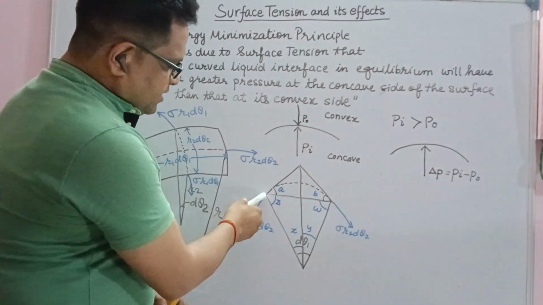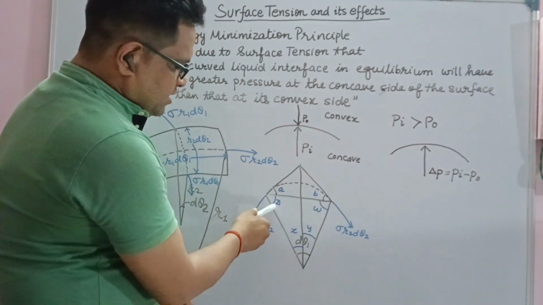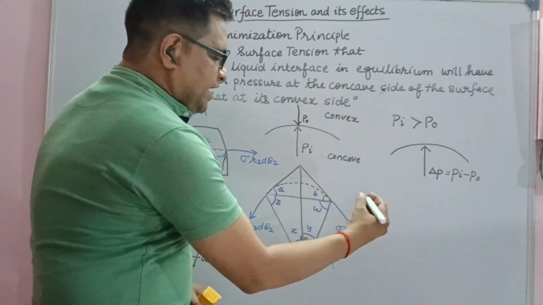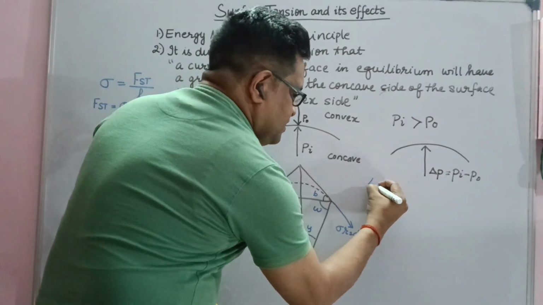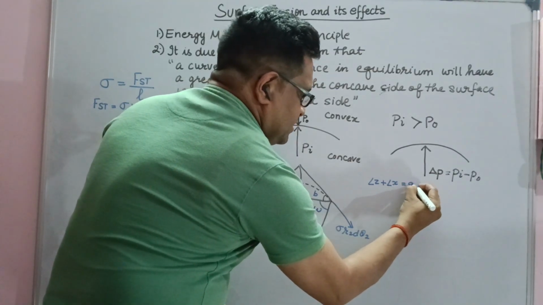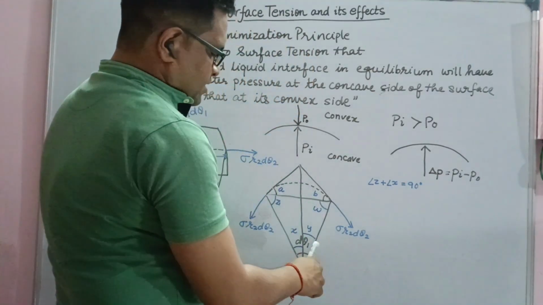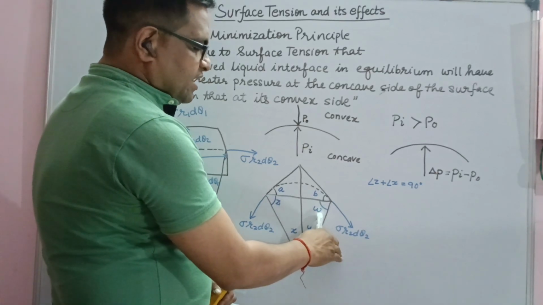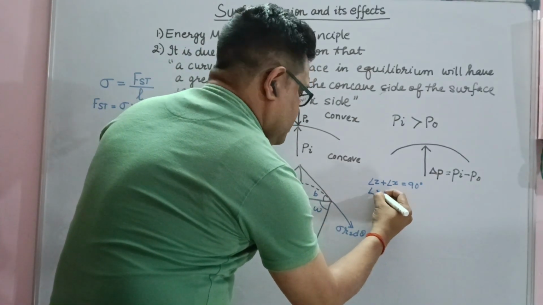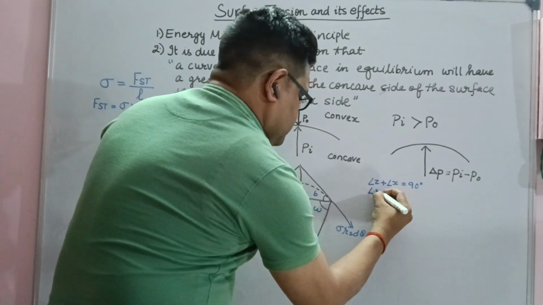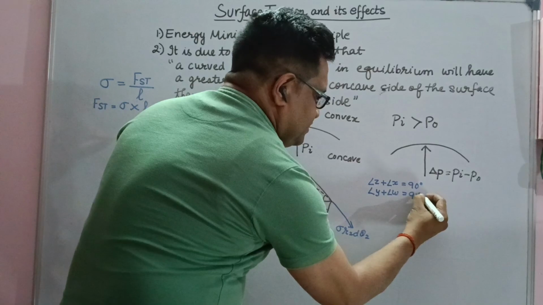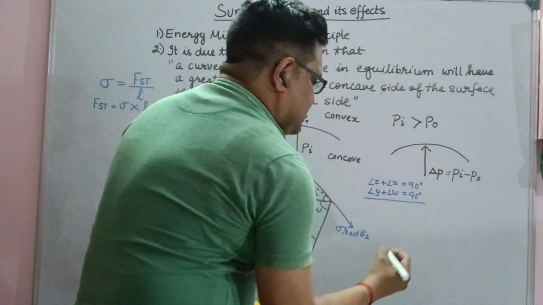Now taking this triangle, angle z plus angle x will be equal to 90 degree. Angle y plus angle w will again be equal to 90 degree. Now let us add these.